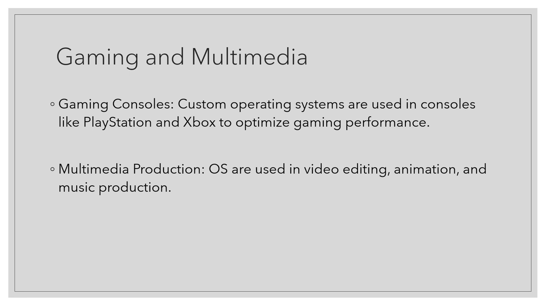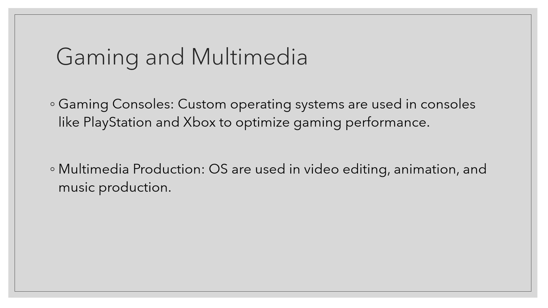Gaming and multimedia. For example, your mobiles have gaming, right? I will take PUBG Mobile. It has a separate OS and a separate software to access. These gaming consoles also have separate OSs.